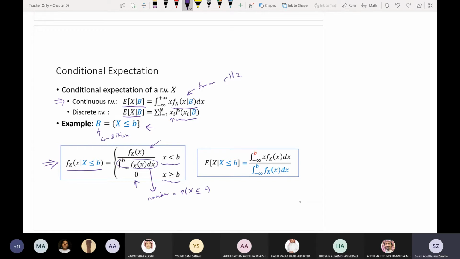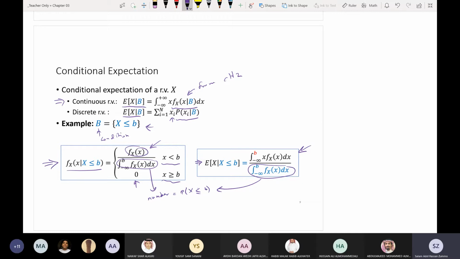It cannot happen. And hence, if I'm interested in the expected value of X given X less than or equal to B, it will be whatever the function is only in the numerator. Whatever is in the denominator is only a number. Because of that, the expectation only works on the numerator, because the function of X is only there.